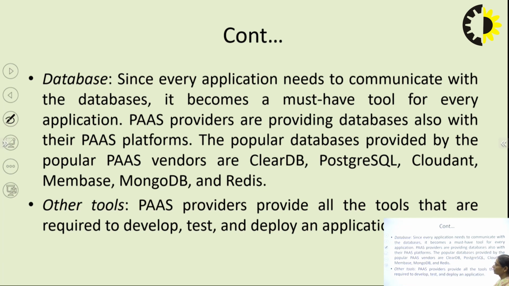Database. This is another service which is provided under PAAS. Since every application needs to communicate with the database, different vendors provide different tools and different databases for developing an application. Examples are ClearDB, PostgreSQL, then CloudInt, Membase, MongoDB, and Redis.